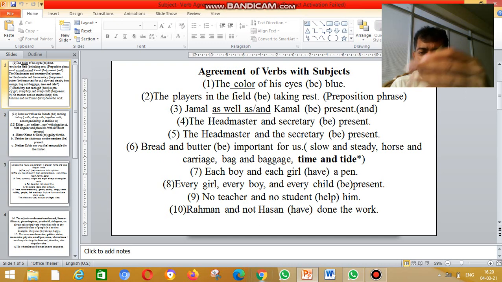Remember, if there is each in a sentence, you must use the singular form of the verb. For example, each boy and each girl has a pen, not have.